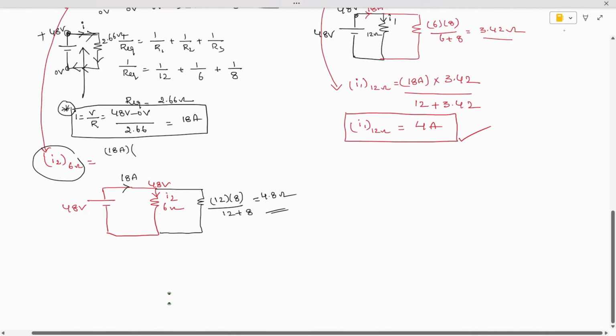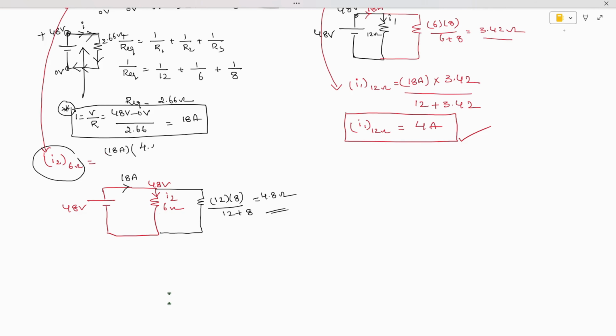What is the parallel resistor here? This is 4.8 divided by the sum of resistors which are connected in series. This is 6 plus 4.8. Use your calculator and try to calculate. Then you are going to get the current as 8 amperes.